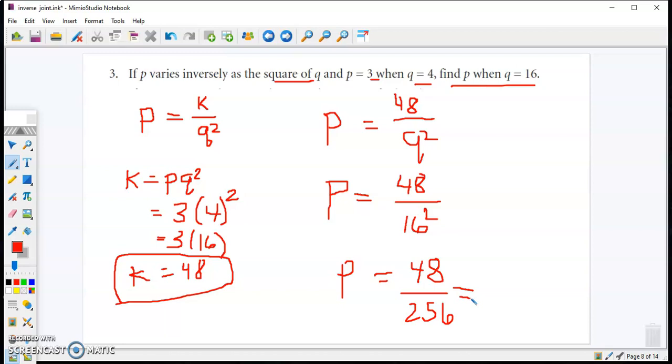So, let us try 16. 48 divided by 16 is equal to 3. And 256 when divided by 16 is, okay, correct, that is also 16. So, meaning the answer now is 3 over 16. So this is your final answer.